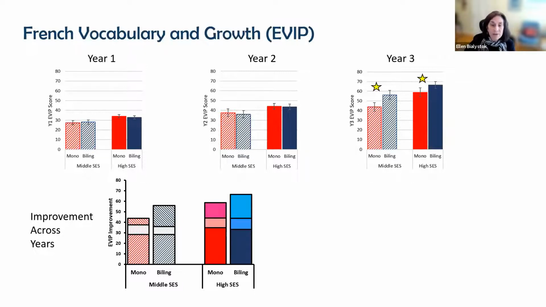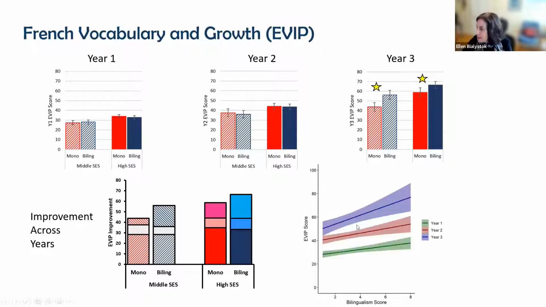What are their French vocabulary scores? So we have 1st year, 2nd year, 3rd year. These are their bilingualism scores. The further to the right, the more bilingual the kids. And these are their French vocabulary scores.